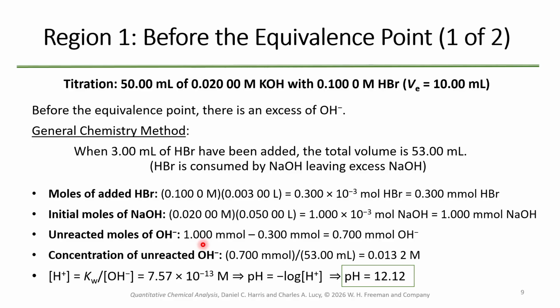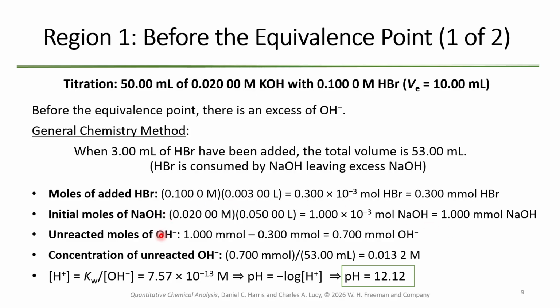So, when you did this in general chemistry, before that equivalence point, when you have 3 milliliters of HBr added, the total volume would be 53 milliliters. The HBr is consumed by the NaOH. It'll leave excess NaOH. So the moles of HBr added would have been this right here. You would have calculated the moles here in your general chemistry problem. You would have calculated out the moles of NaOH.